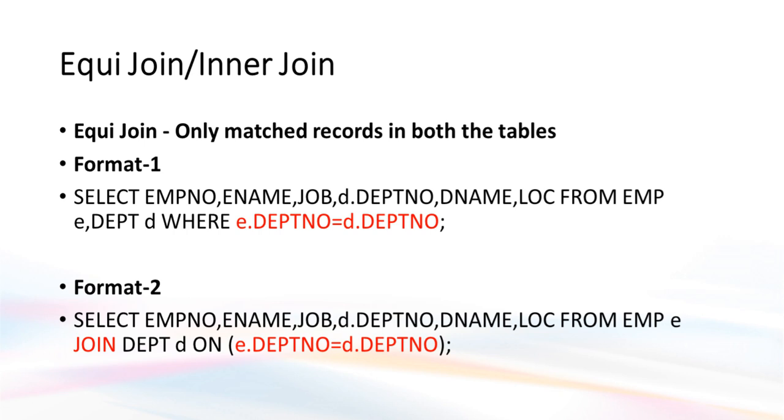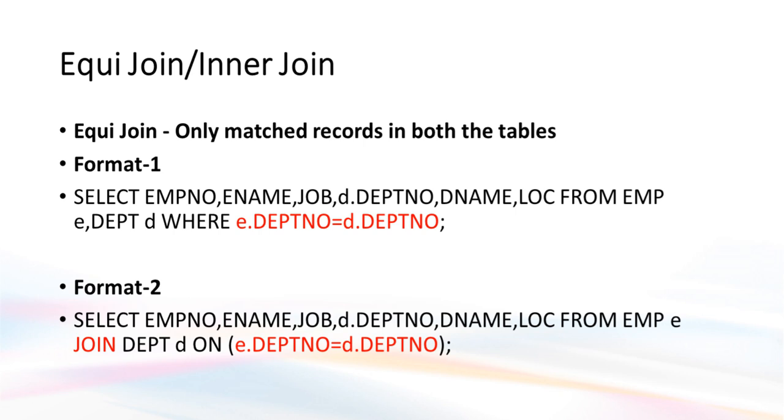It doesn't know basically. So we need to create an alias for EMP as E and department as D, and whenever we retrieve the column value here, we need to specify the alias name. So when I say D dot department number, this department number will come from the department table, because D is an alias of the department table.